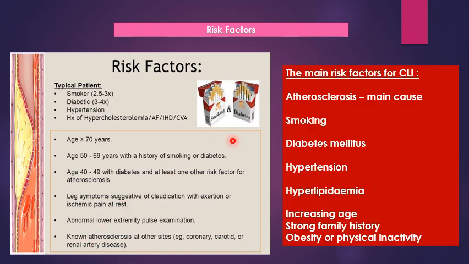To summarize the main risk factors of chronic limb ischemia: atherosclerosis as the main cause, smoking, diabetes mellitus, hypertension, hyperlipidemia, increasing age, strong family history, and another important one, obesity with physical inactivity.